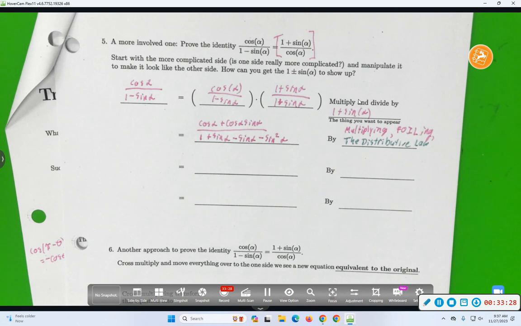How many people wrote down exactly that without the 2 terms in the middle that are about to cancel anyway? Yeah, cool, great. I guess you could also use the difference of squares law or something. Cool.